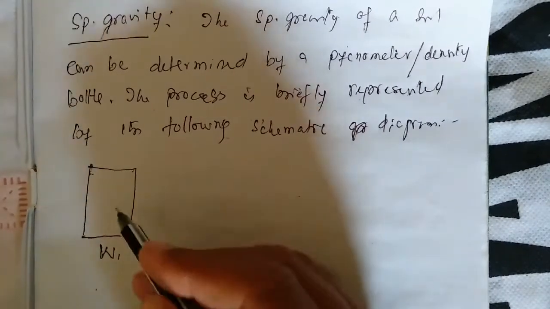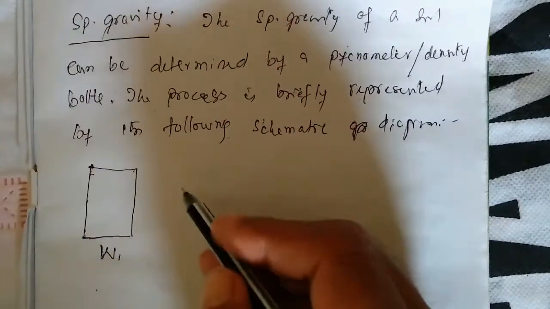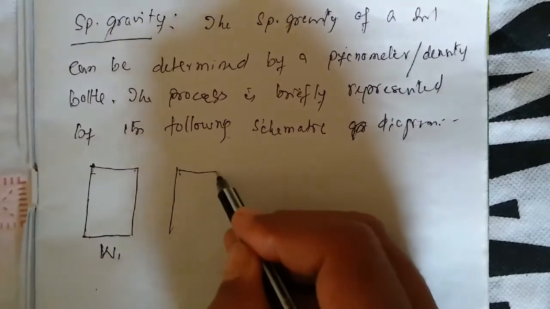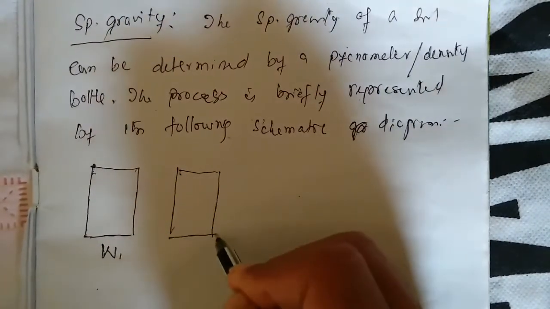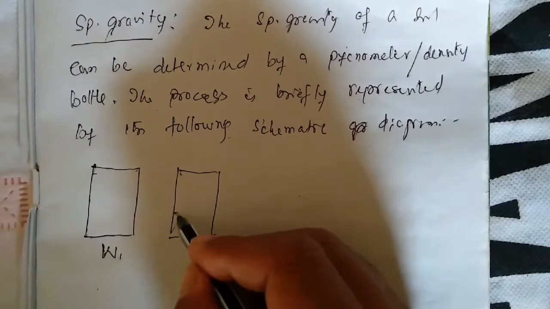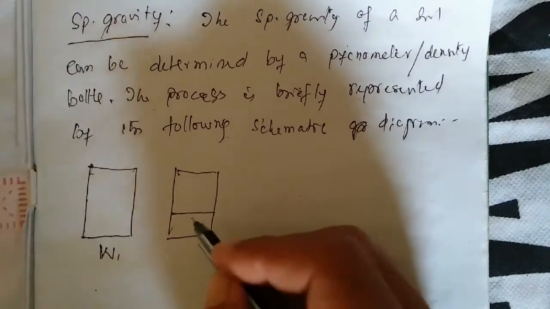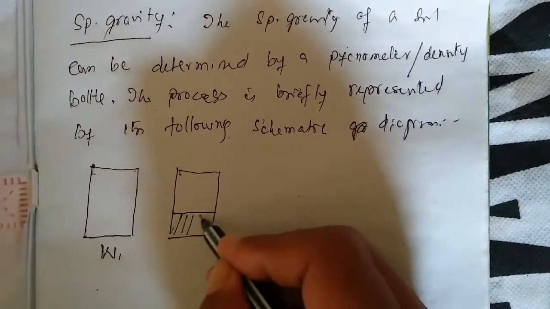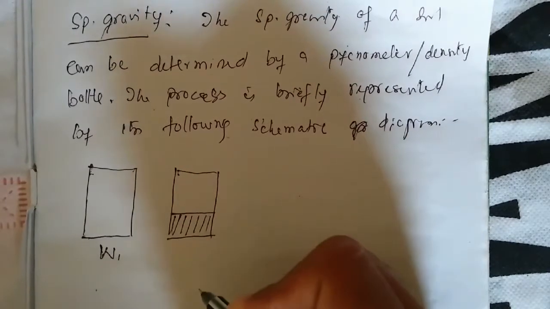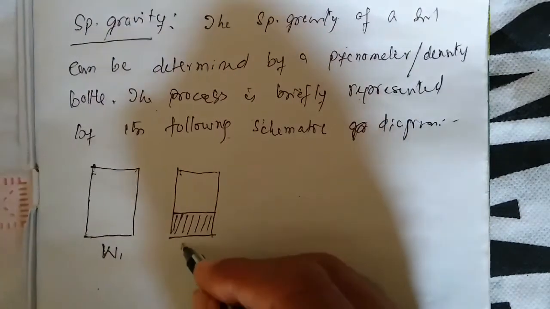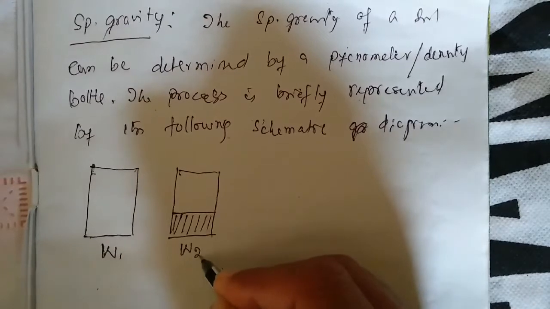Next, fill the bottle partially with dry soil. Let up to this the soil is filled, and then with the partially filled bottle with dry soil, let the weight be W2.